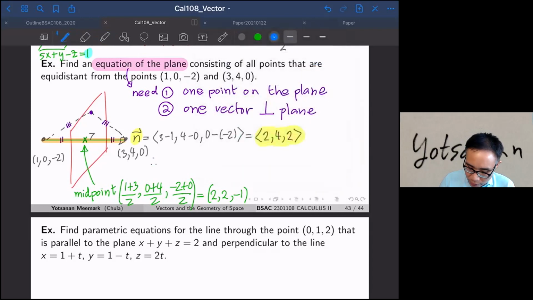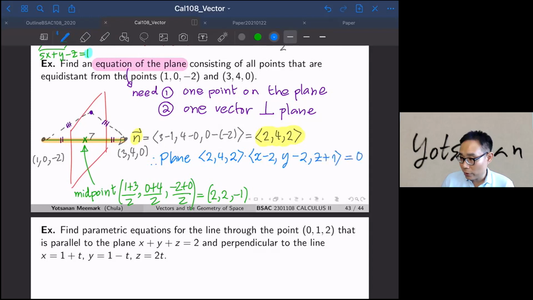Your plane will be 2, 4, 2 dotted with the vector x minus 2, y minus 2, and z plus 1, equal to 0.